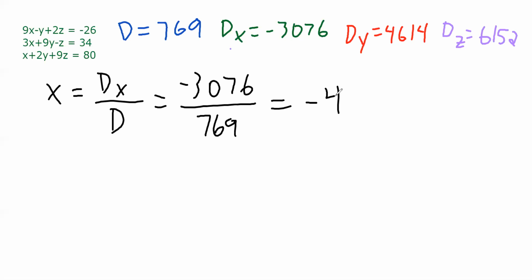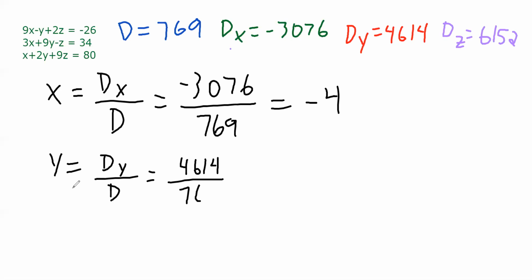So the numbers are now finally going to start coming out pretty easy. They're going to be pretty straightforward. Our y value, this is the solution set, is going to be dy divided by d. So it's going to be 4614 divided by 769. And that's going to give you 6, a nice clean positive 6.